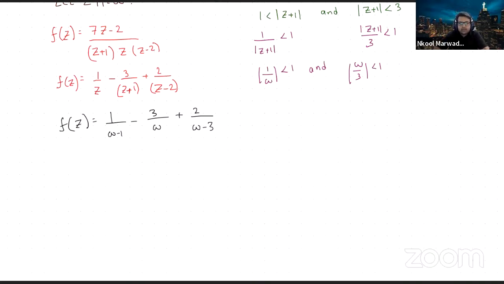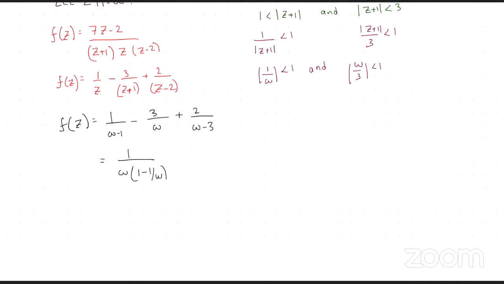Now we can simplify it in the traditional way, like here we can take omega outside the denominator. 1 upon omega we can take outside, 1 minus 1 by omega.